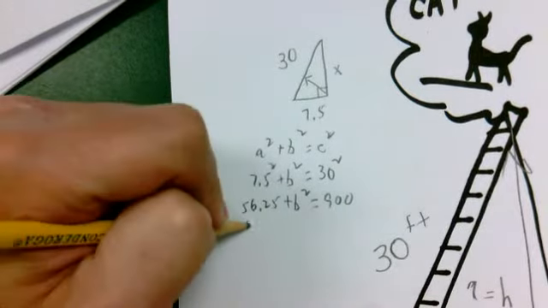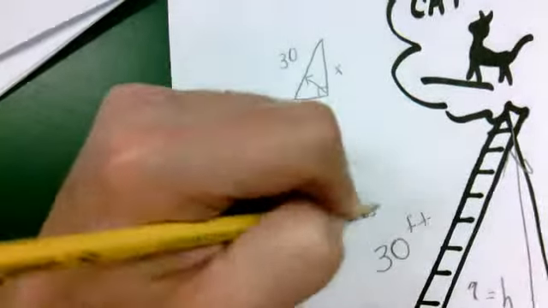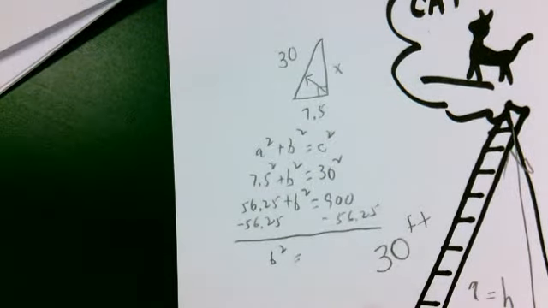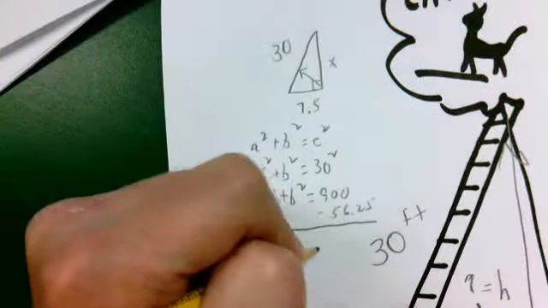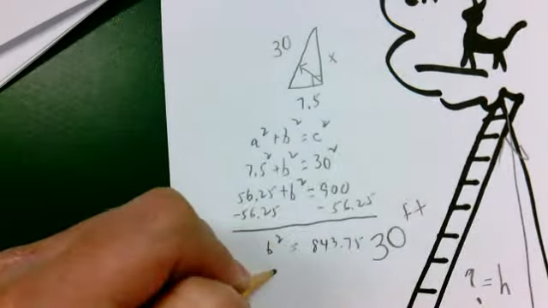From there, I'm going to subtract 56.25 from both sides, and I get b squared equals 900 minus 56.25. On my graphing calculator, I'm going to get 843.75, and now I've got to take the square root of that.